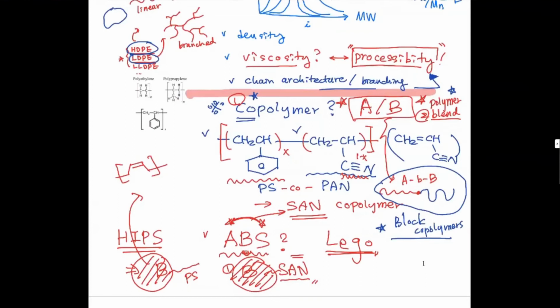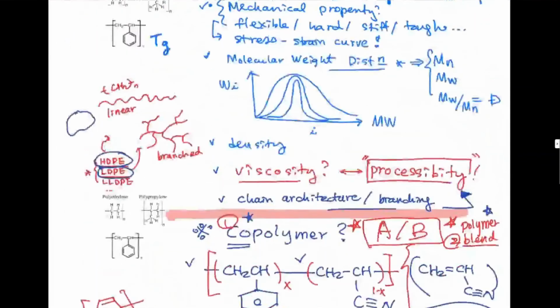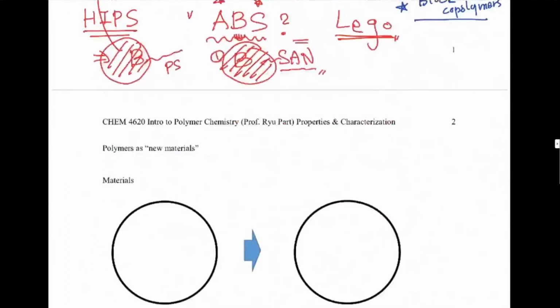So to go around the problem: we know how to handle A polymer, we know how to handle B polymer at larger scale. How about combining those two to see if we can solve the problem and get the property that we need?